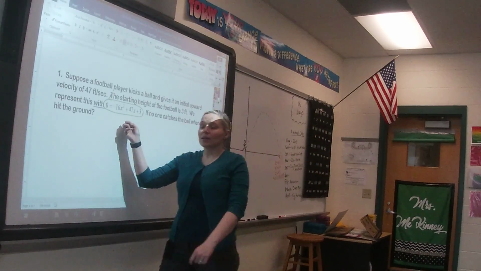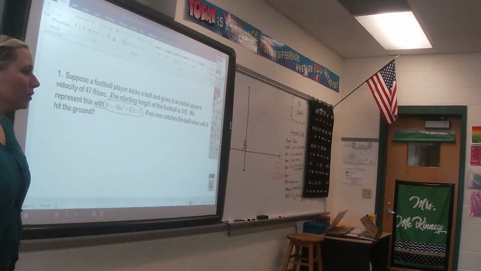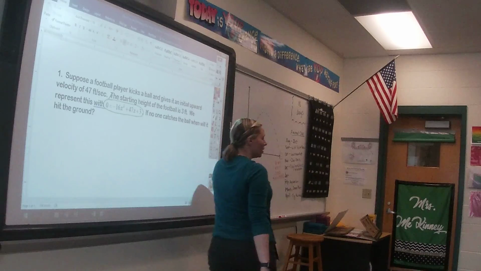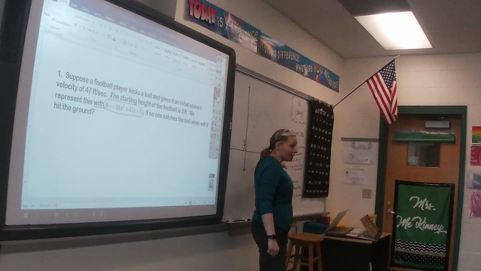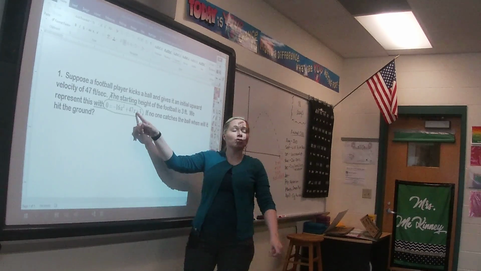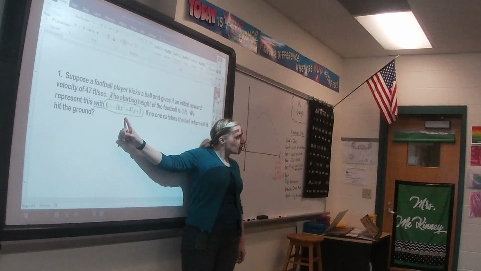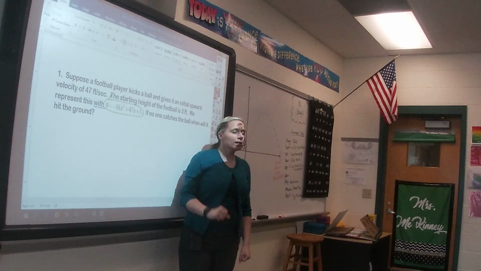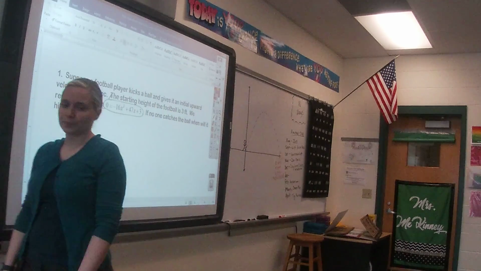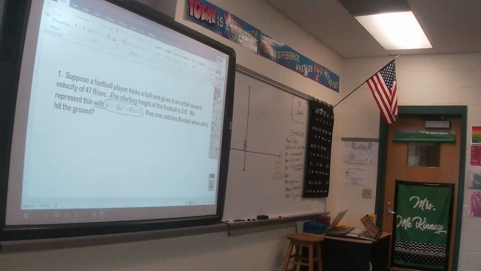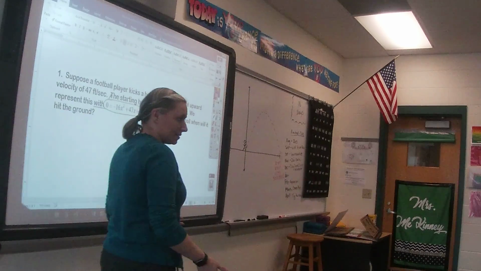Okay? Guys, all this is asking us to do is to find this point, which is a solution for this quadratic. Do we know how to solve a quadratic? Yes. What are ways that we can solve quadratics? With the quadratic formula, with factoring, with completing the square, with any of those options.